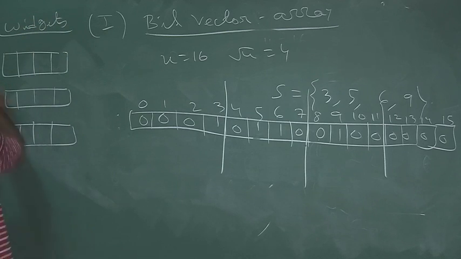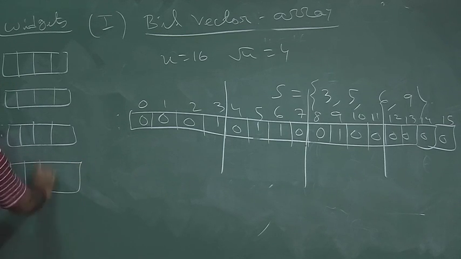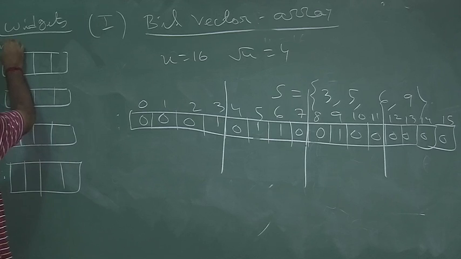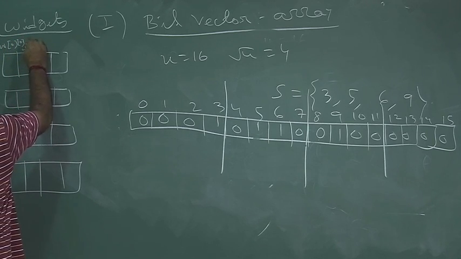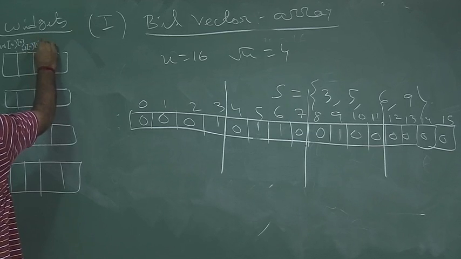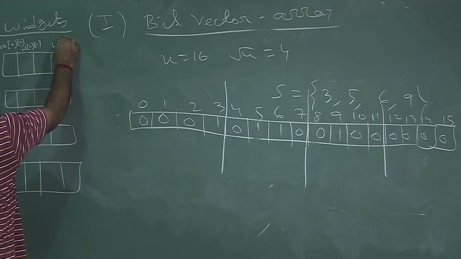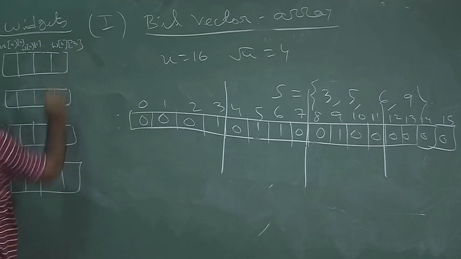This is the first widget, we denote it W0, this is W1, W2, and then we have W3. So, we have basically 4 widgets.